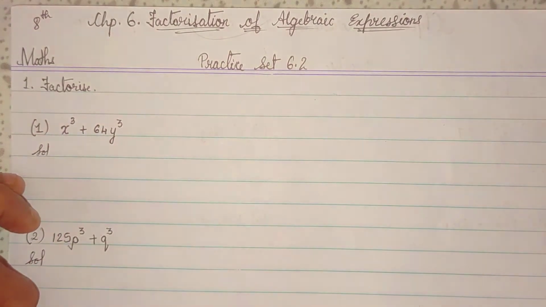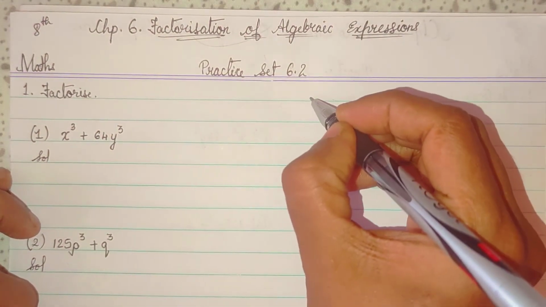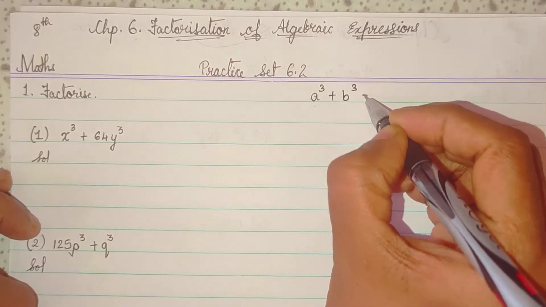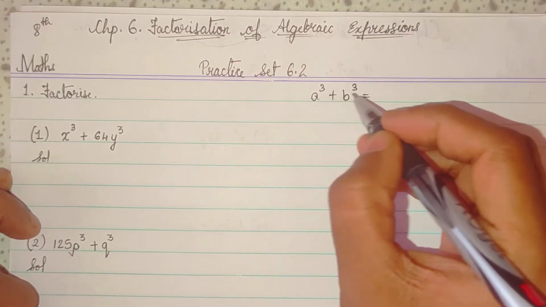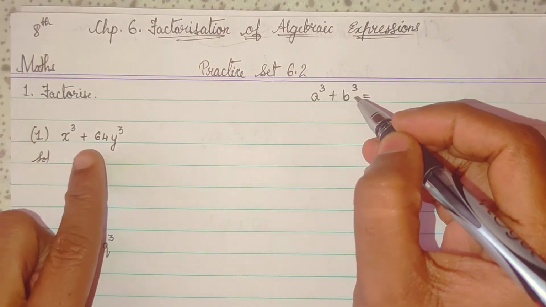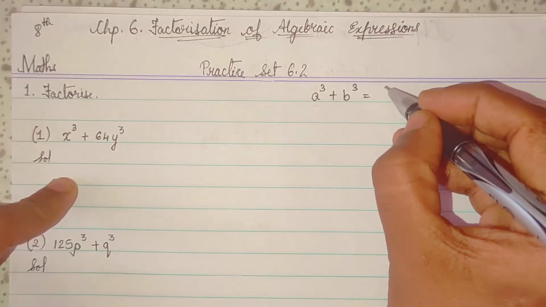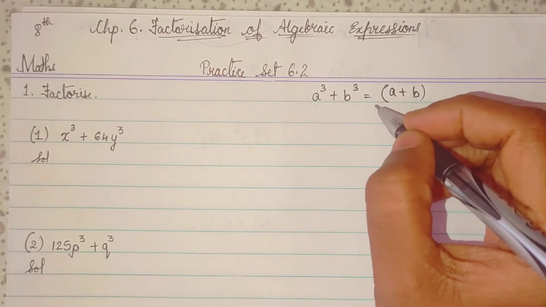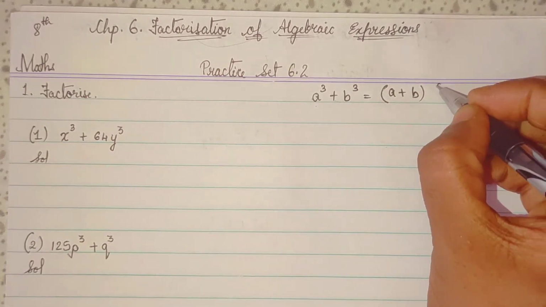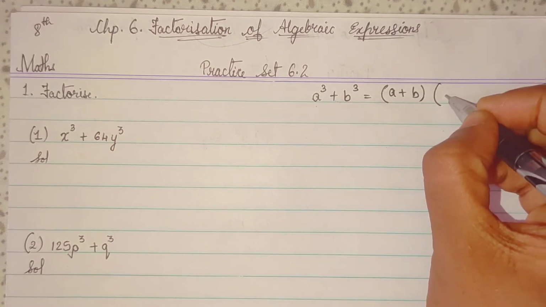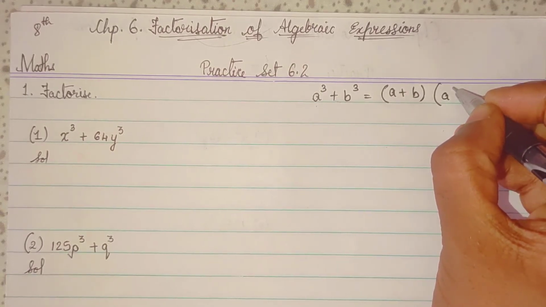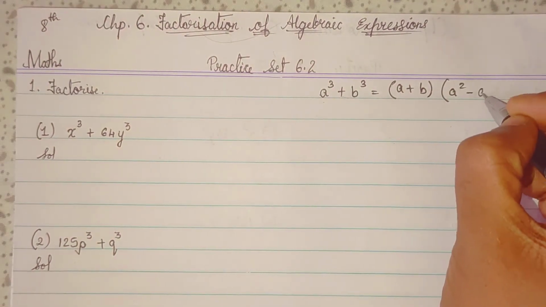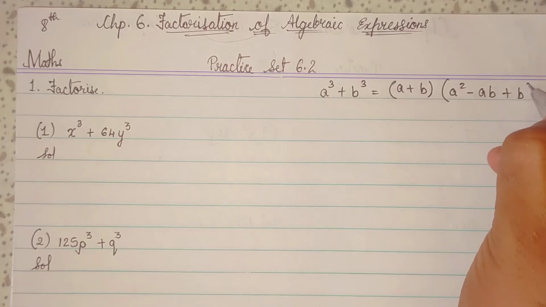To solve this we have one formula. The formula is like this: a cube plus b cube. Whenever you see the first term is a cube and the second term is also a cube, it will split, and the formula will expand like this: a plus b the whole bracket into a square minus a into b plus b square.